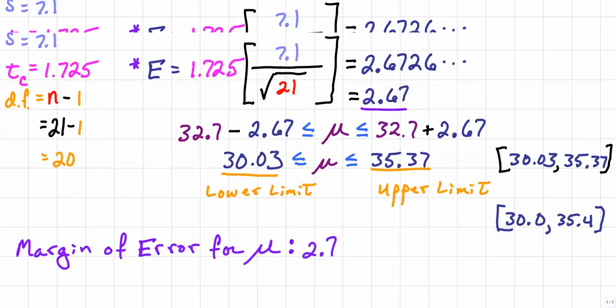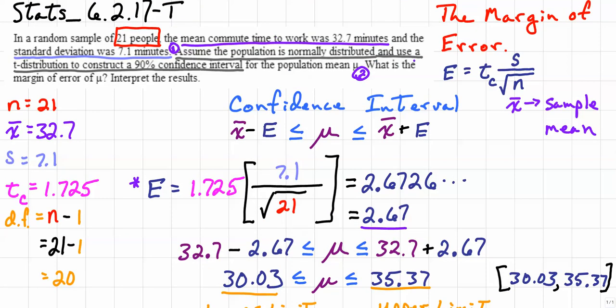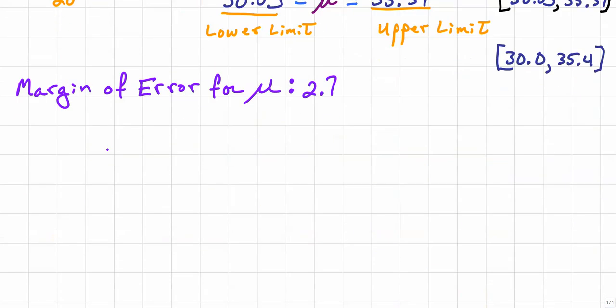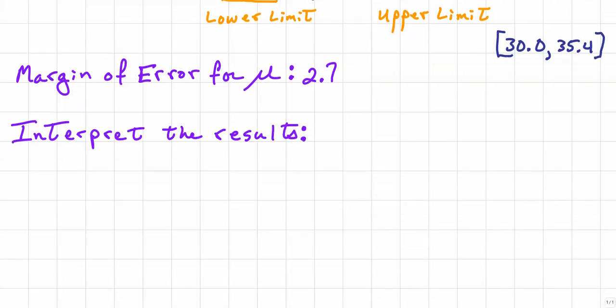Then the third part of the question is to interpret the results. Well, what do the results mean? We need to understand what exactly we're looking at. Remember that n was equal to 21. We had the sample mean, x bar, equal to 32.7.